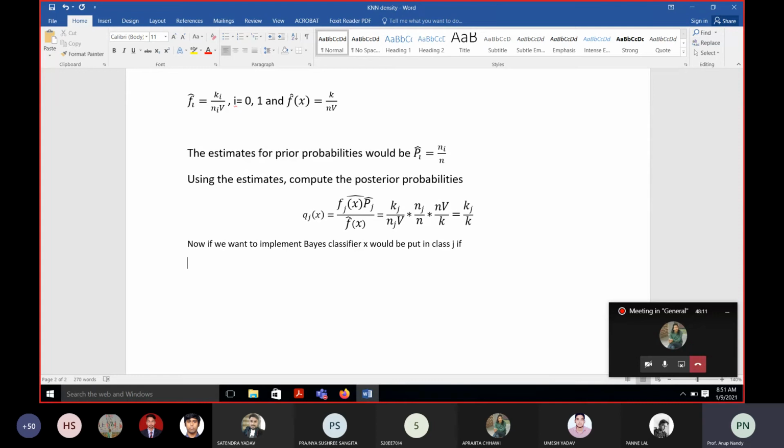Qj(x) is greater than or equal to Qi(x) for all i.